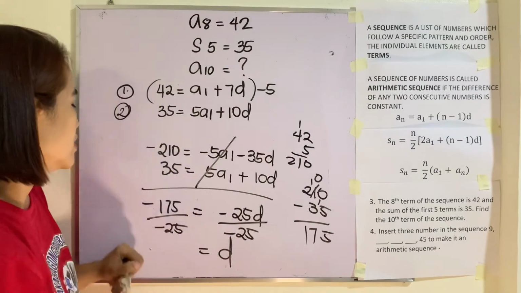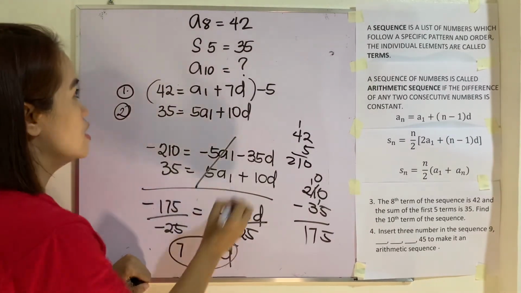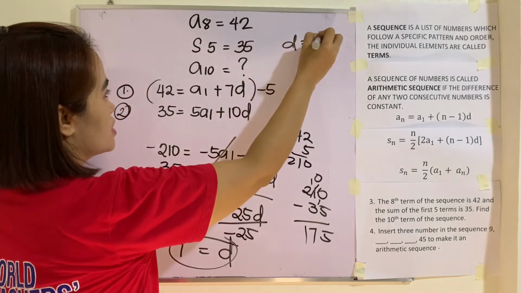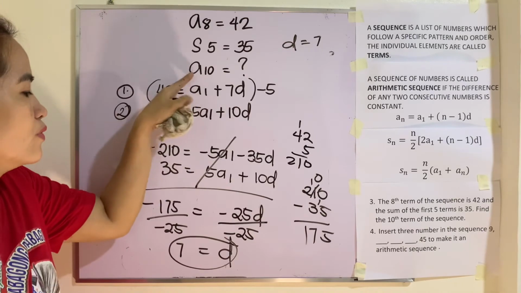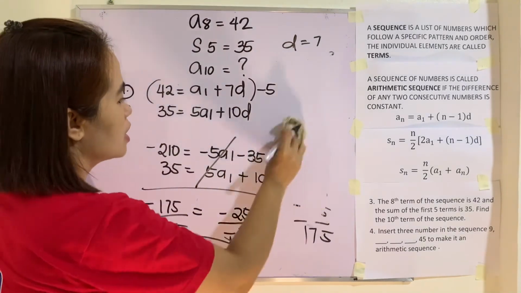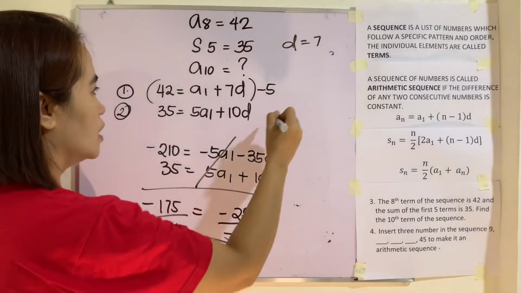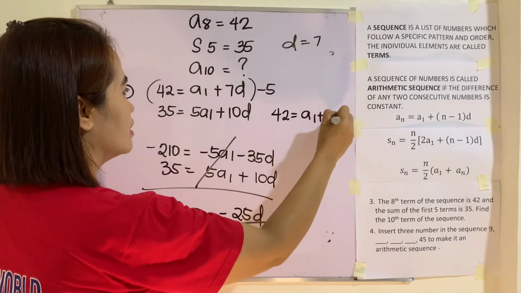Our D here is equivalent to 7. Okay. So the common difference is of course 7. We can now find the A sub 1 so that we can solve for of course A sub 10. So I will be using the first equation. This one is 42 equals A sub 1 plus 7D.